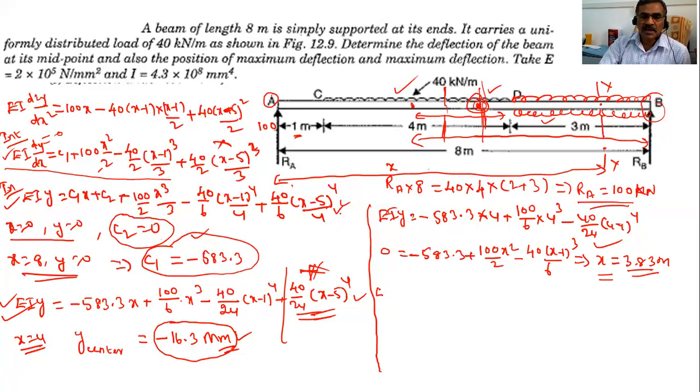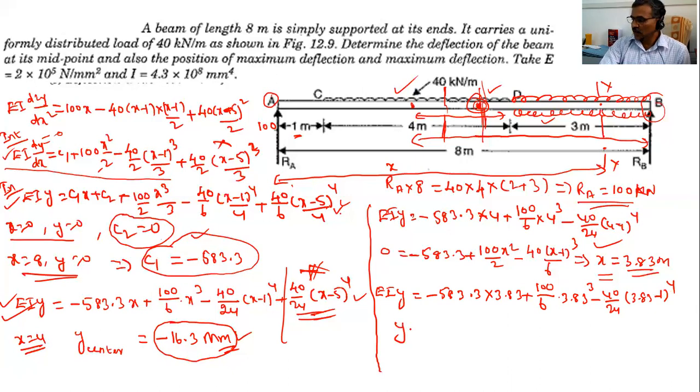Now EI into y is equal to minus 583.3 into 3.83 plus 100 by 6 into 3.83 cube minus 40 by 24 into 3.83 minus 1 power 4.